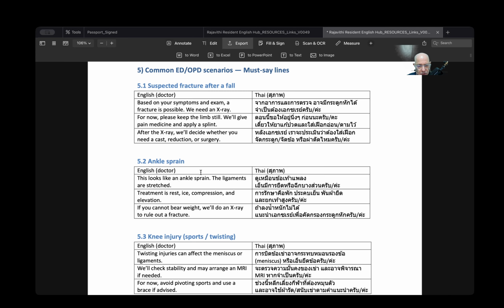Patients who do not speak Thai and can best communicate in English care mostly about your proficiency as a medical doctor more than your proficiency with the English language here. So I wouldn't worry too much about being perfect.